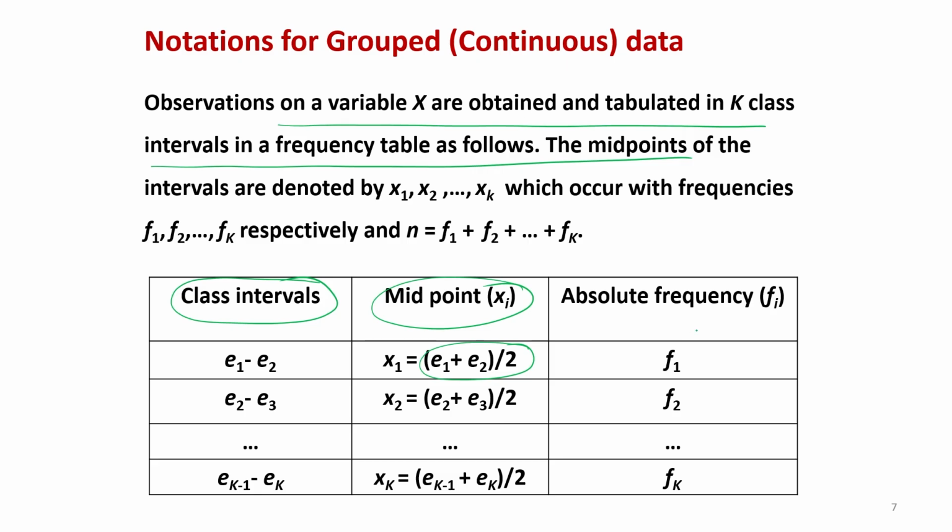And then we find the frequencies, that is, how many values are lying in the interval e1 to e2, right? So x1 is occurring with frequency f1, x2 with frequency f2, and so on, and f1 plus f2 plus fk is equal to small n. That is the symbolic notation which I will be using.